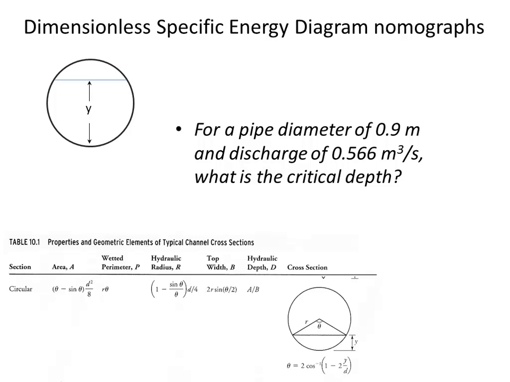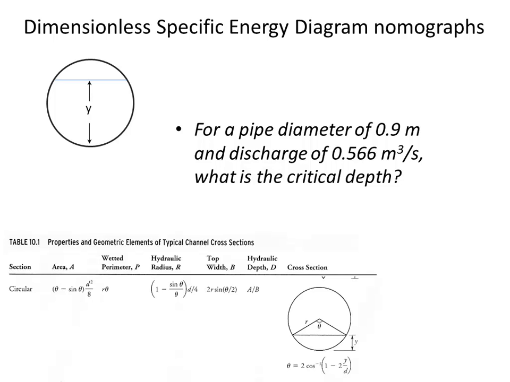What's the critical depth? And what we have to do in the normal way, remember, is use those geometric parameters and find the angle theta that the water surface makes with the center of the pipe. So the normal approach for solving a problem like this is to try and find out the unknown depth y as a function of that angle.